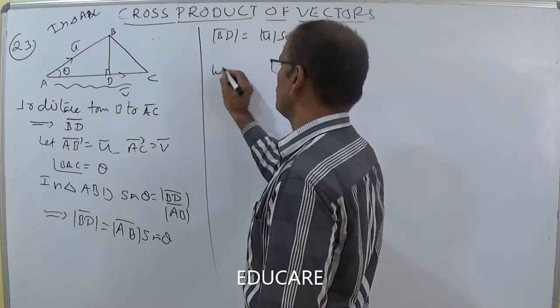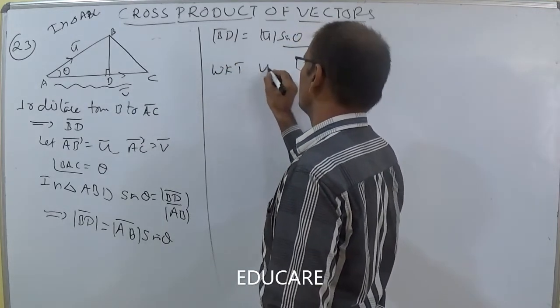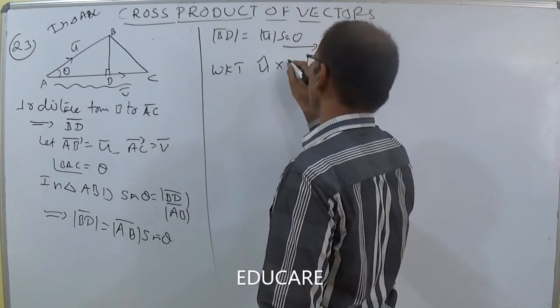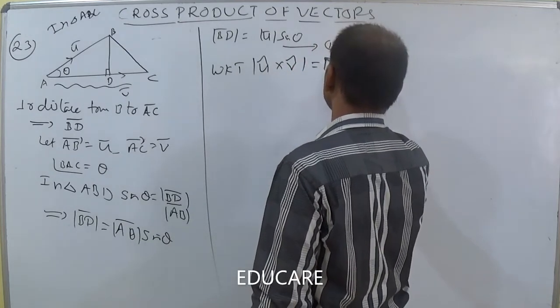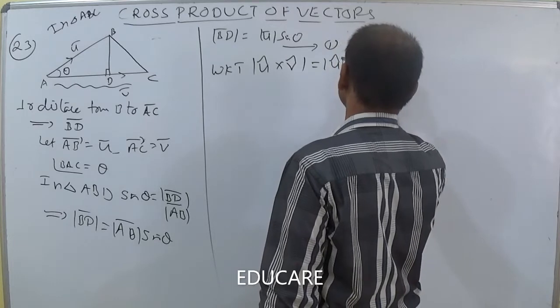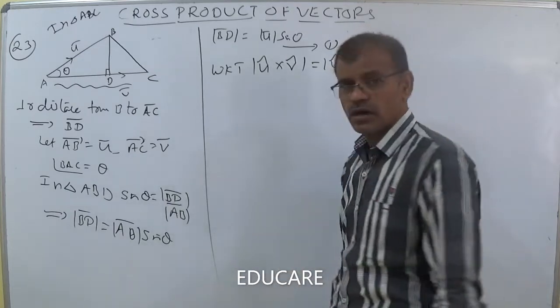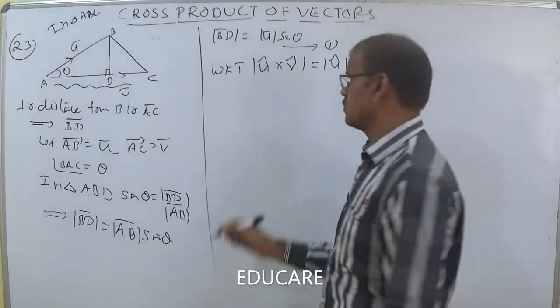Next, I am writing the definition of u bar cross v bar with modulus. Mod u cross v is equal to mod u into mod v into sin theta, where theta is the angle between u and v.